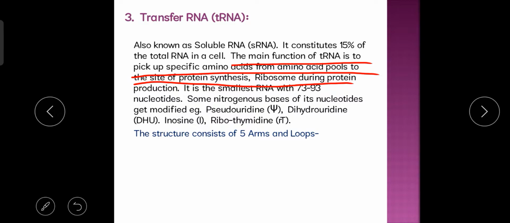This is the function of transfer RNA, and the transfer RNAs are approximately 15% of the total number of RNA in a cell. So the ribosomal RNAs are 80% out of 100%. The messenger RNAs are only 5%, whereas the transfer RNAs are 15%.